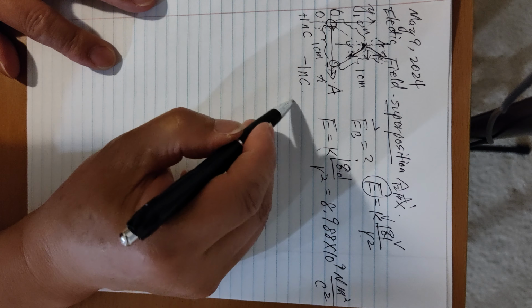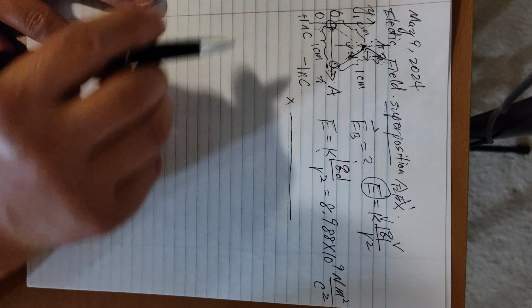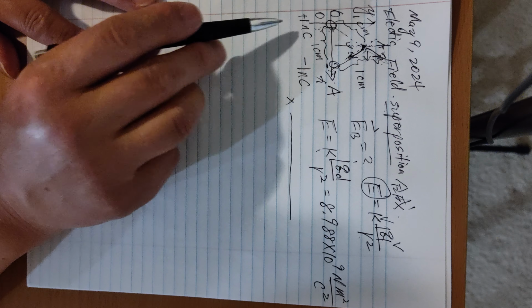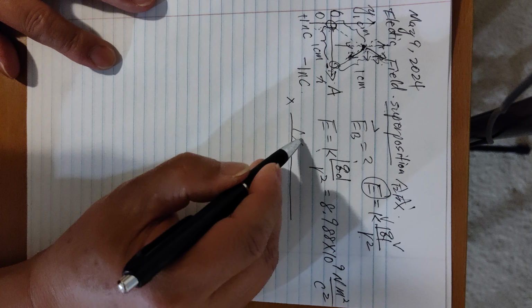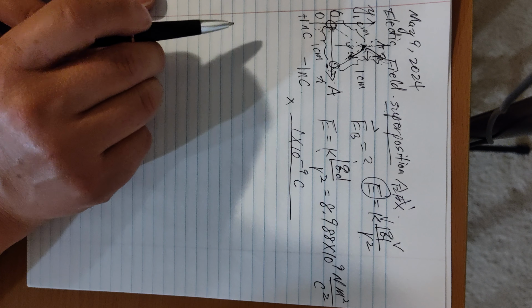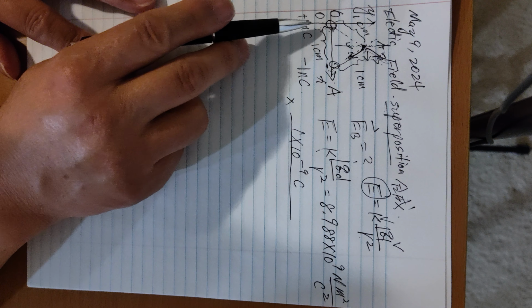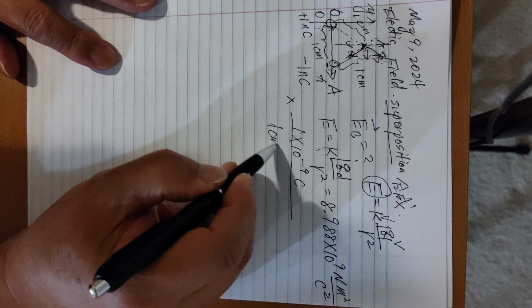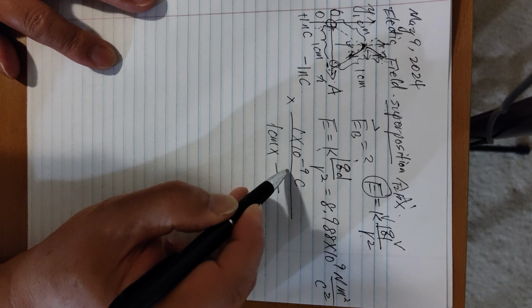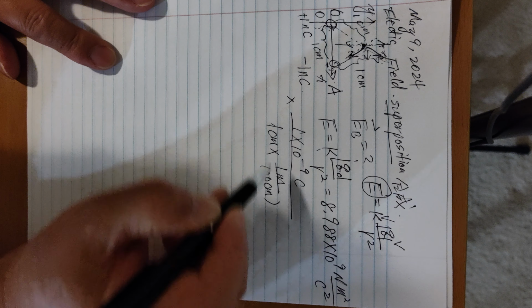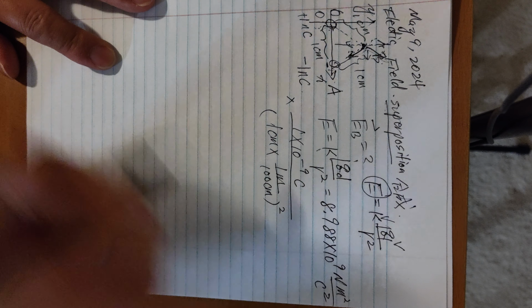That's our k. And then we need to multiply by the charge. Actually, it's 1 nanocoulomb, so it's 1 times 10 to the negative 9 coulomb. And then the distance is 1 cm, so 1 cm times 1 meter over 100 cm, and then don't forget the square.